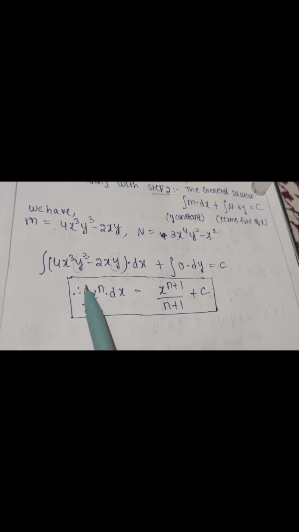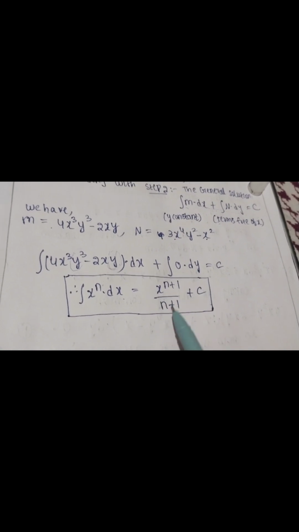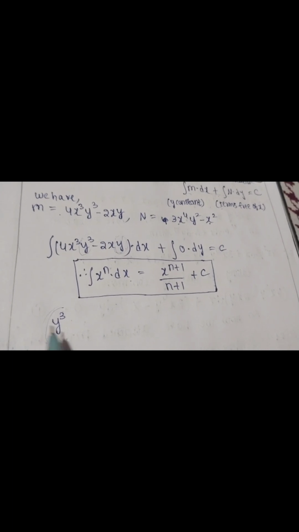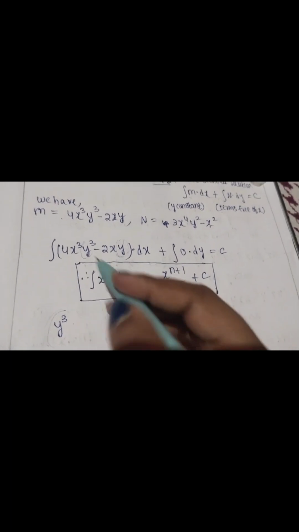Now we have a basic formula of integration: integration of x power n dx equals x power n plus 1, divided by n plus 1, plus c. So keeping y cube as constant, that is, we should not simplify y cube, keeping y cube aside, we should not disturb y cube.